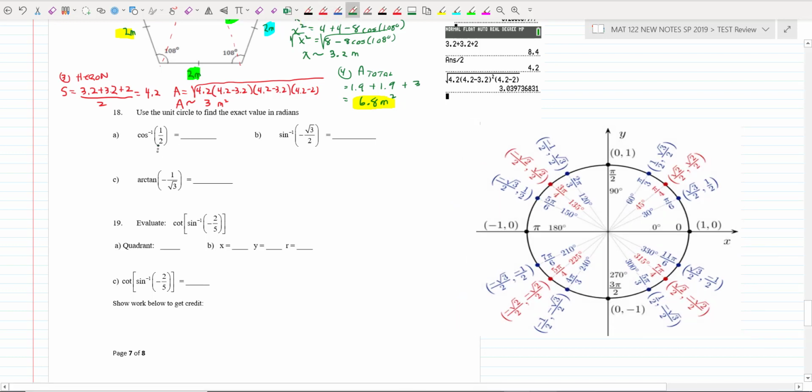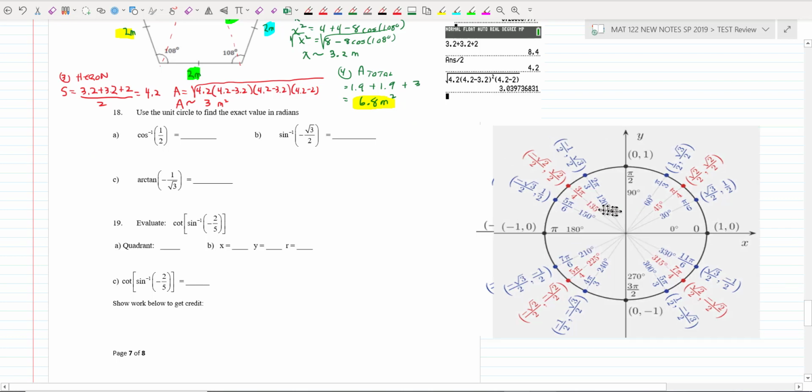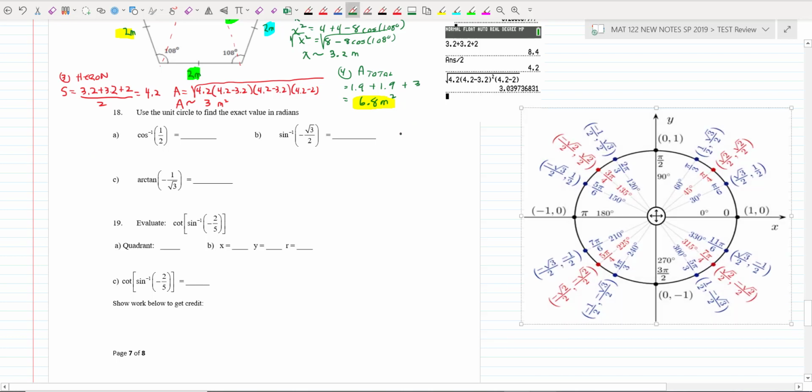So first of all, you got to recall these ranges. I'm going to write these over here because they're real important to review and remember. The range of the inverse sine is negative pi over 2 to pi over 2.